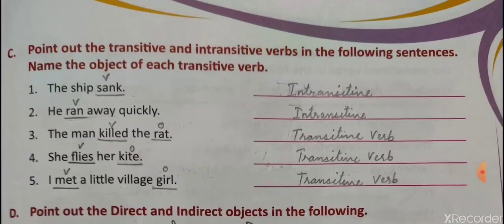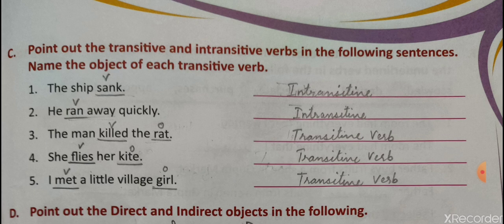Next exercise is point out the transitive and intransitive verbs in the following sentences. Name the object of each transitive verb. So in these sentences, we have to find whether the verb is intransitive or transitive, and we have already learned one thing: if the sentence has an object, the verb in that sentence is a transitive verb, and if we don't have any object in the sentence, that verb is an intransitive verb.